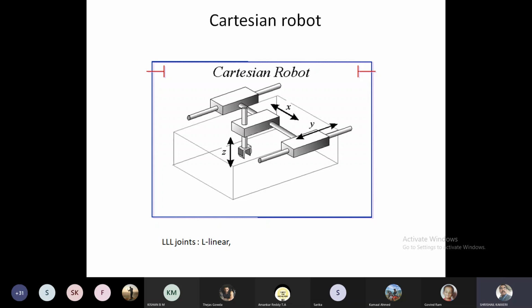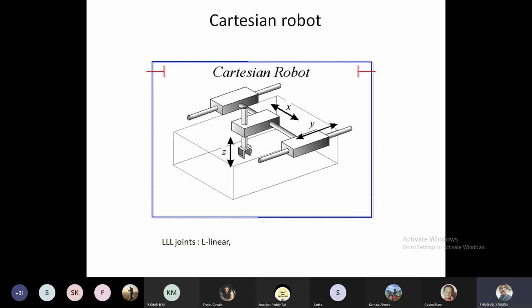Now here, all three joints, the x direction movement, y direction movement, and z direction movement, should be linear. So these are also called LLL robots. L stands for linear. These robots have the coordinates x, y, z. The work volume generated by these robots will be in the form of a rectangular shape, so these are called Cartesian coordinate robots.